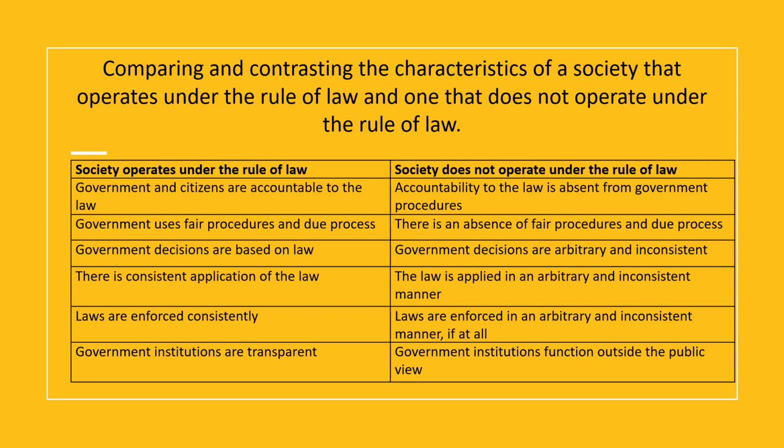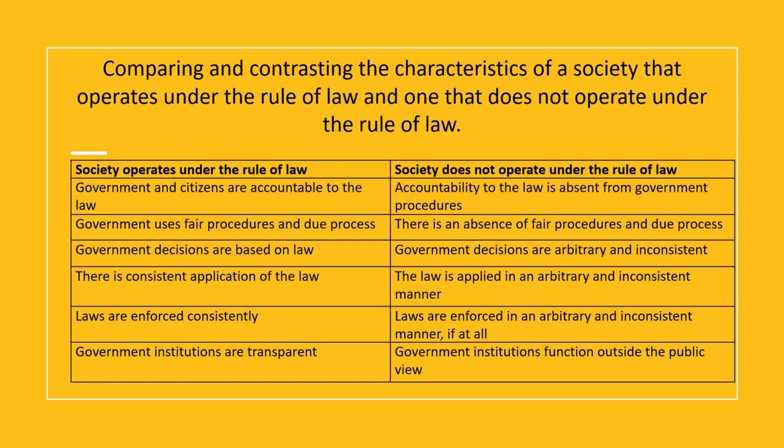If two people are arrested for committing the same crime, one is guaranteed due process, meaning that they are entitled to know what the charges are against them, and another one is incarcerated without being told the reason. So in those scenarios, we have a concern about accountability to the law, as well as an absence of fair procedures and due process.